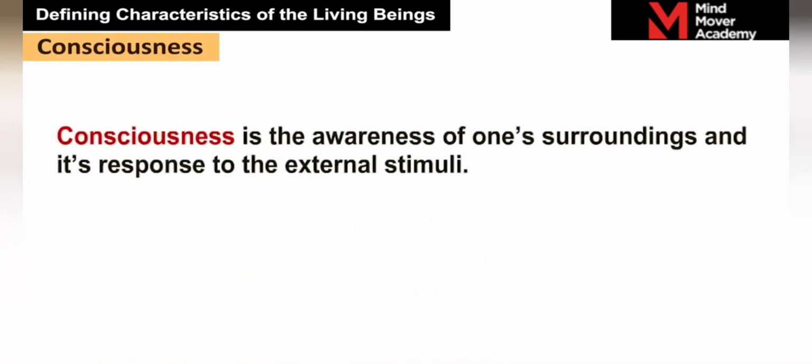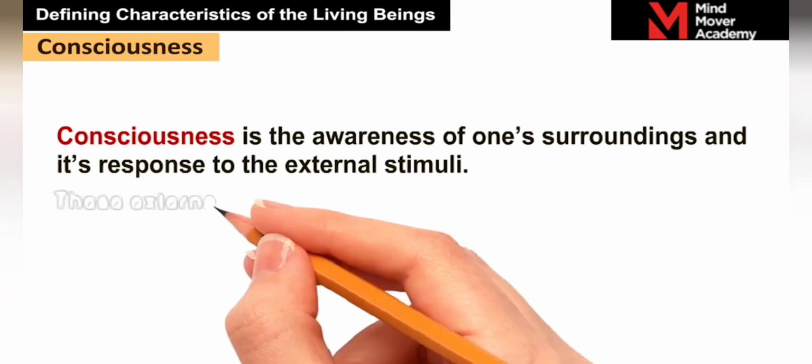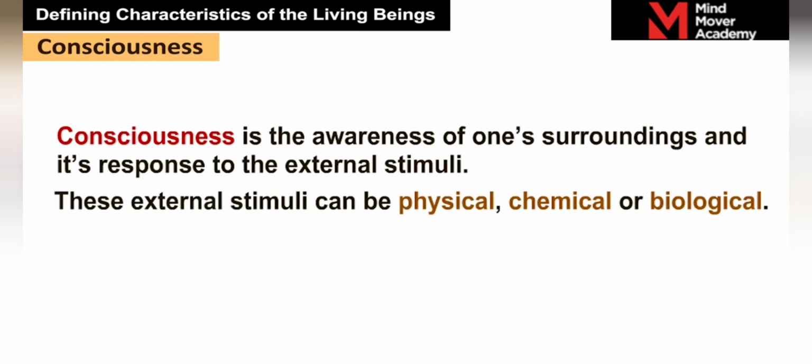Consciousness is the awareness of one's surroundings and the response to external stimuli. Now these external stimuli can be physical, chemical or biological. In higher organisms, the stimulus is perceived by what?